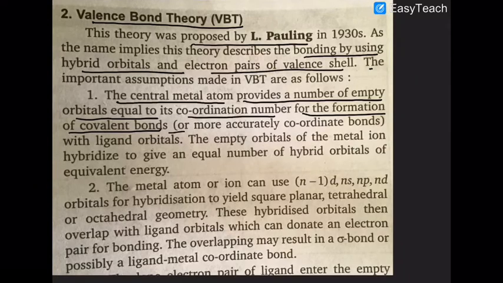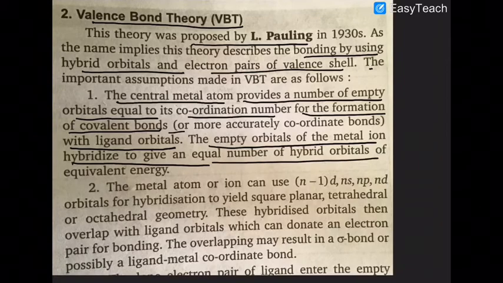Okay, so that those orbitals can overlap with the ligand's orbitals. The empty orbitals of the metal ion hybridize to give an equal number of hybrid orbitals.